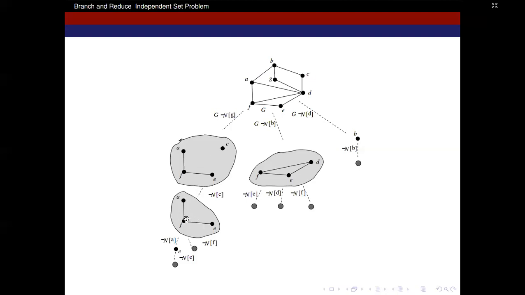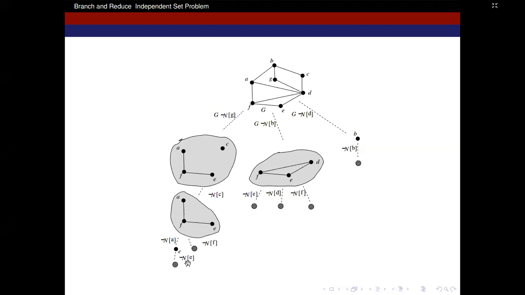And here the minimum degree vertices are A and E, and we can choose any one as V. So we choose A, delete the neighborhood of A, and then we get vertex E. If we delete the neighborhood of F, then all vertices will be deleted because A, E, and F are in the neighborhood of F. So we get a graph with an empty vertex set.